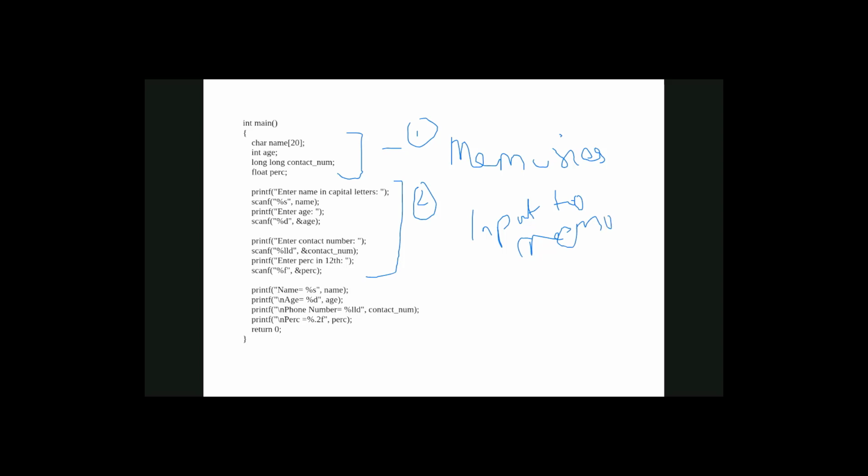In the first part we create the memories. In the second part we give input to the memories, and in the third part we are getting output from the memories. Whatever we store in the memories, we get the data output from memories.